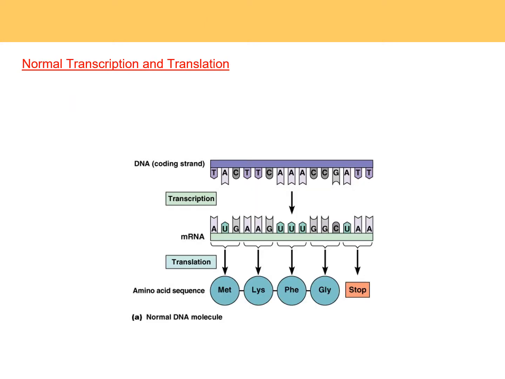Go back to the example of the normal transcript and translation. Here it was glycine, and that got changed in that missense translation on the previous slide into a serine.